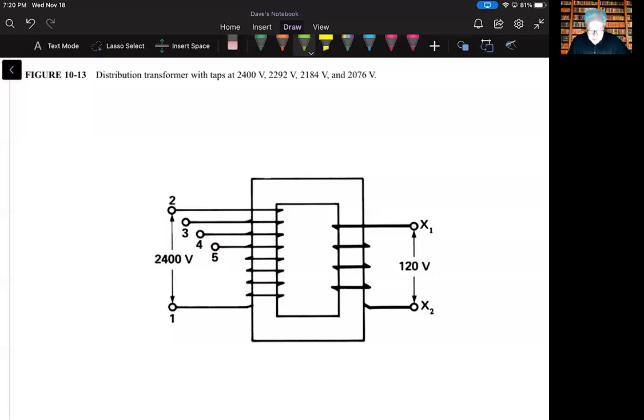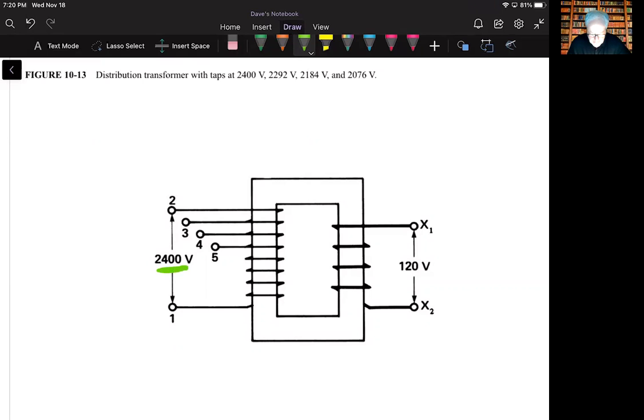So what we're looking at in figure 10.13 is a distribution transformer, and it's got these different taps, from 1 to 2. As we look at this thing, from 1 to 2, that's the design for 2400 volts, right? So that's that.